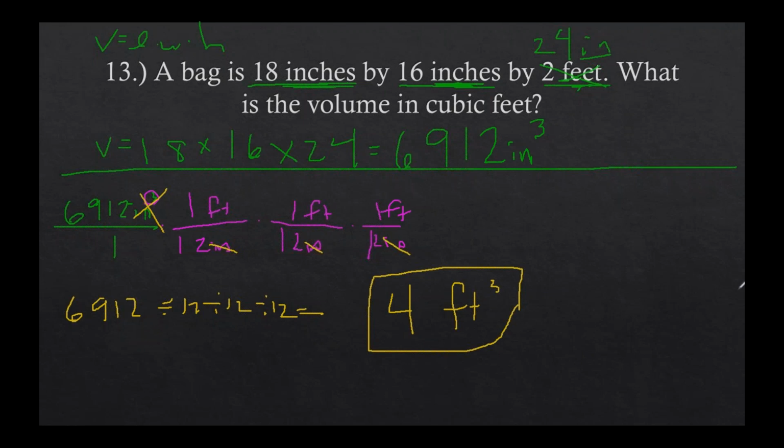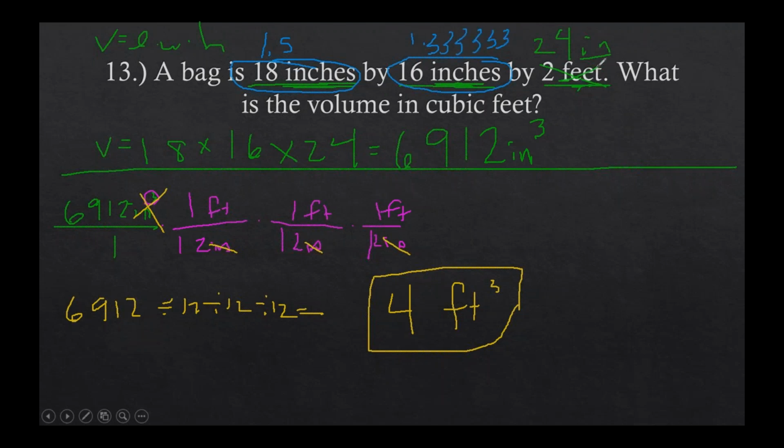Now, it is possible, if we go back to the original question, if you change each of these to feet first, you could have done it that way as well. All right, because 18 inches is 1.5 feet and 16 inches is 1 1/3. The only issue is if you're changing it to a decimal, you have to round that.